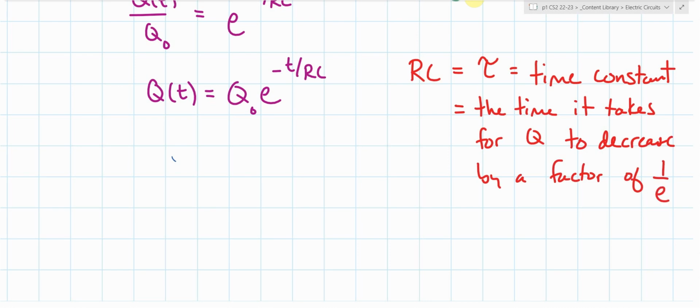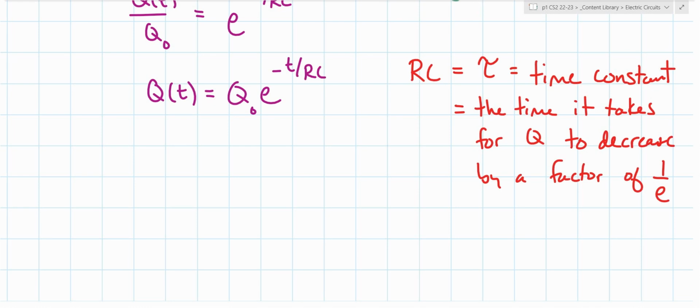In a practical sense, I don't know if it is really necessary to know how long it takes for something to decay by a factor of 1 over e. But where this does become good to know is, like, what time is this? Is it like 3.5 seconds or what?